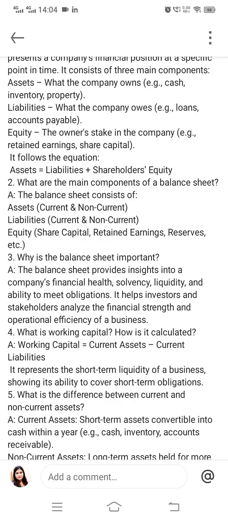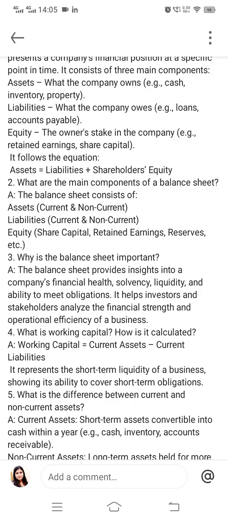Whenever a stakeholder wants to invest in your business, he will always check these ratios, solvency and liquidity, to check the financial health of the company, and these ratios can only be created with the help of the balance sheet.